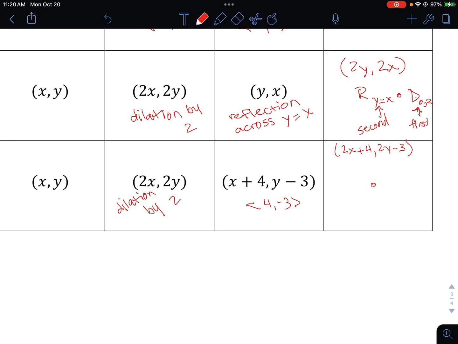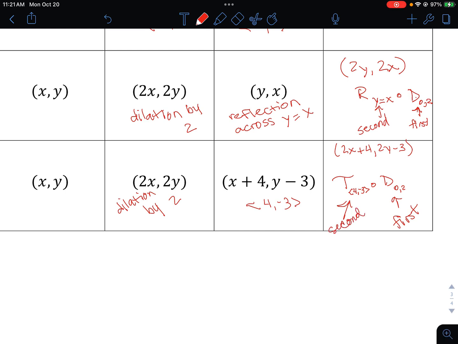I was wrong. Dilation is the very first one. So dilation by 2. And this is a translation. Let me write that a little farther away. Translation 4, -3. All right, so that's what it would look like in function composition. And again, the one that follows the open dot is always the first one you do.